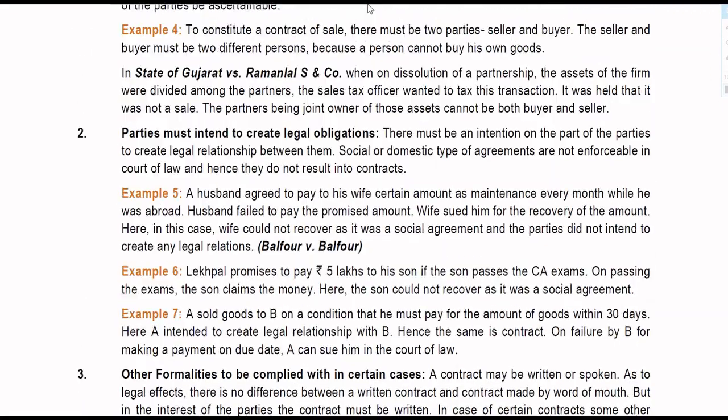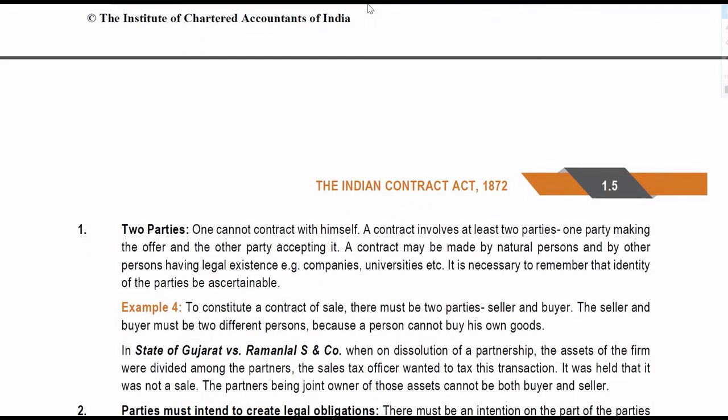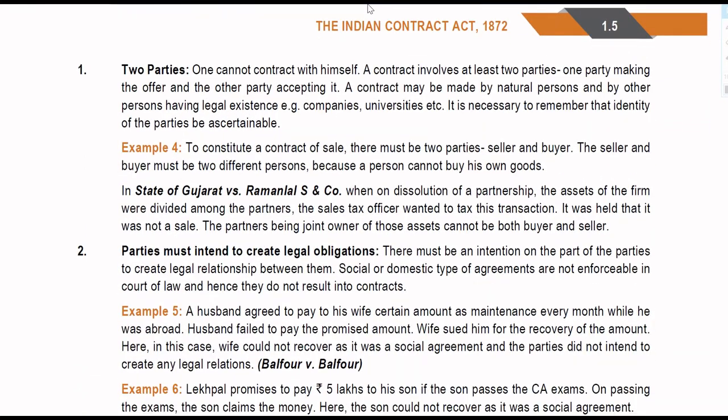There are two parties in the contract, since one cannot contract with oneself, and we saw the example. Parties must intend to create a legal relationship. It means that there should not be any fraud or illegal things among the parties.